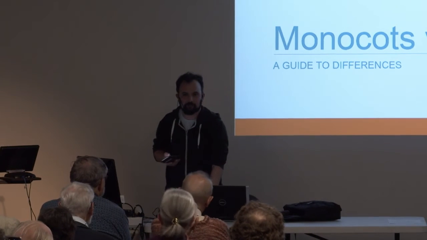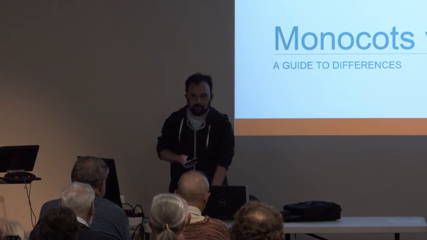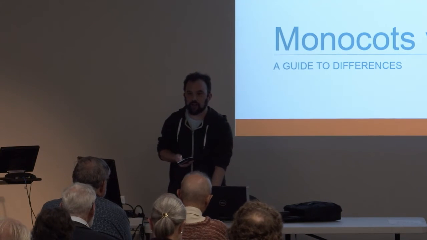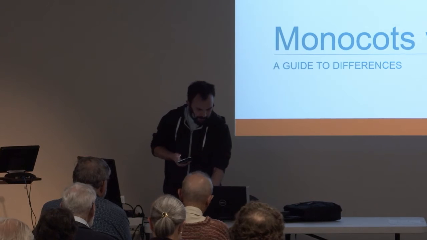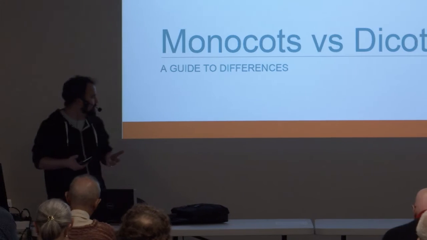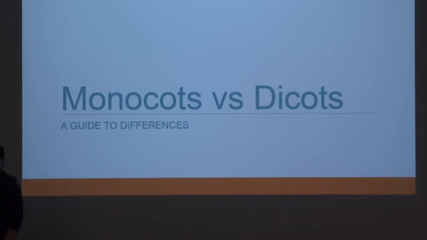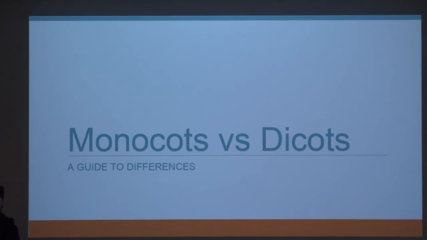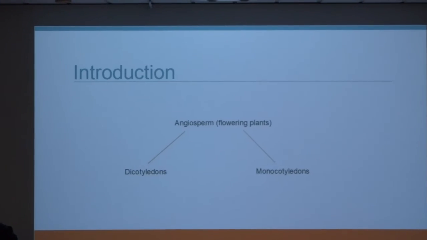So I come from a background of horticulture and healthcare, and this is a talk I gave to the technology and science group. One of the first things I learnt in horticulture was the difference between dicots and monocots, and tonight I'll be giving just a very brief breakdown of it. Otherwise, I'd be here all night.